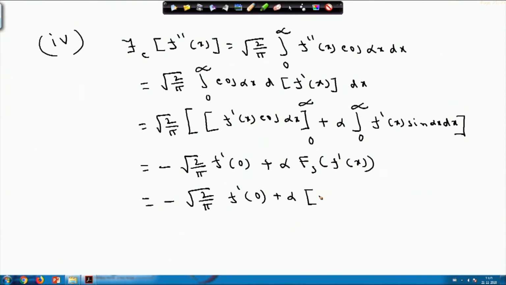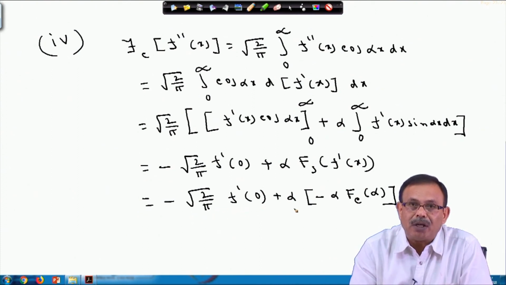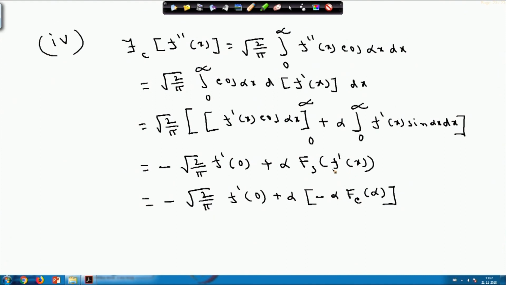Using the earlier property we have just proved, this is minus alpha into the Fourier cosine transform of alpha. So, this equals minus alpha square into the Fourier cosine transform of alpha minus root over 2 by pi f dash 0.